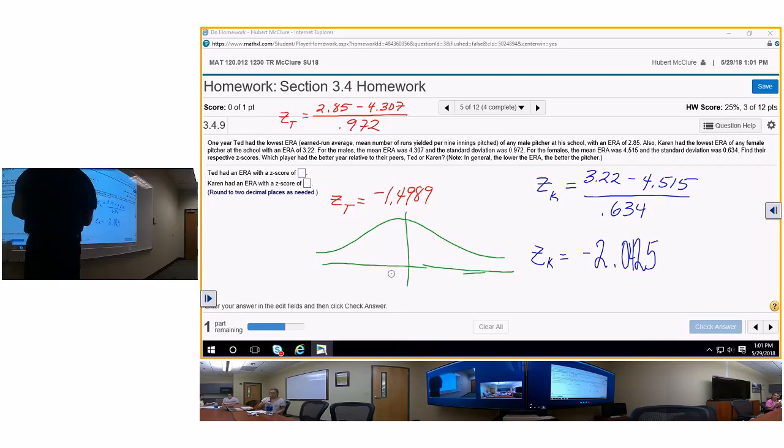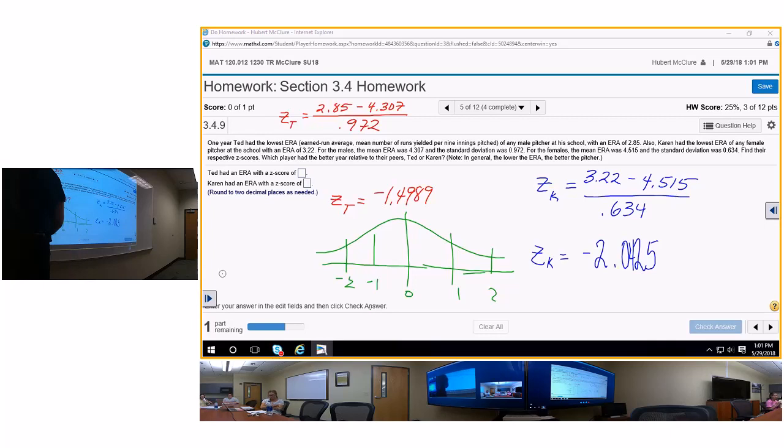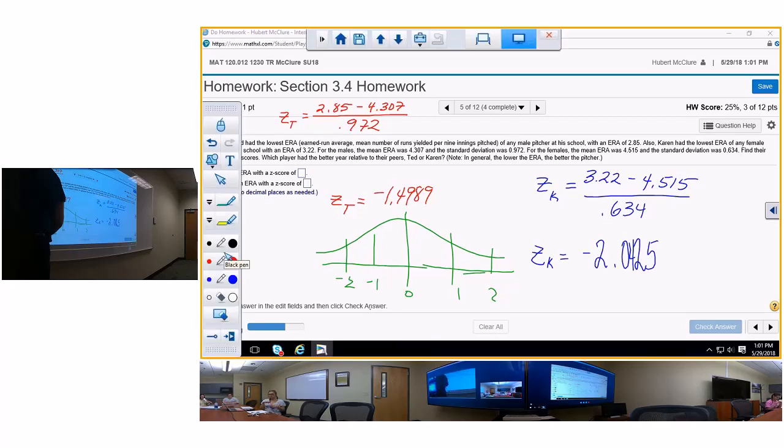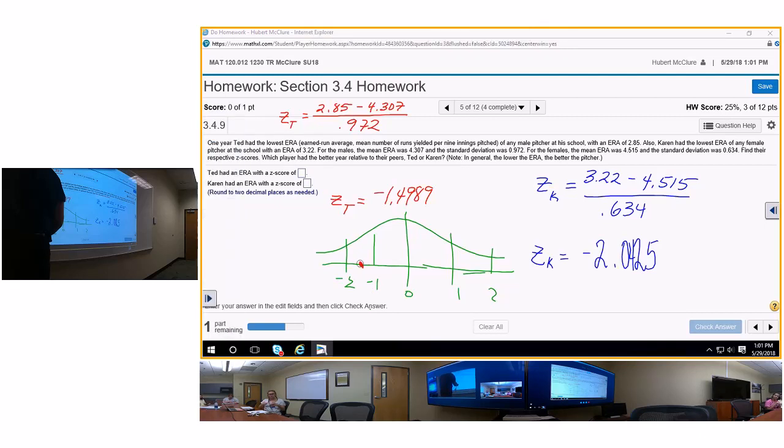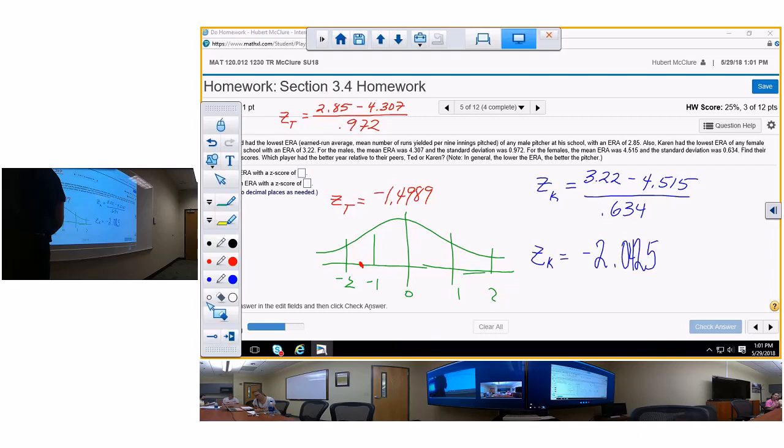Halfway draw it. And we're going to plot the red, negative 1.49, and the blue, negative 2.04.